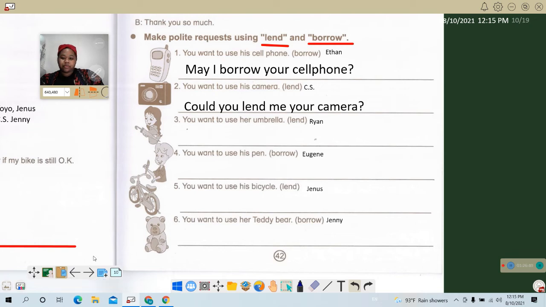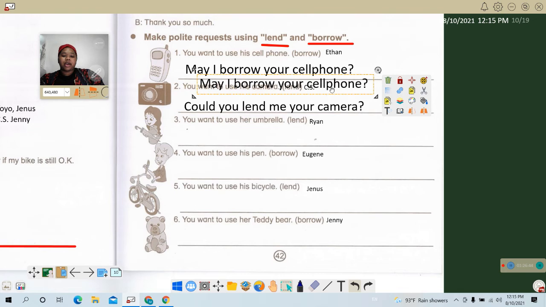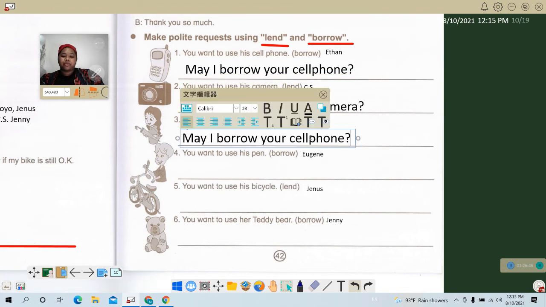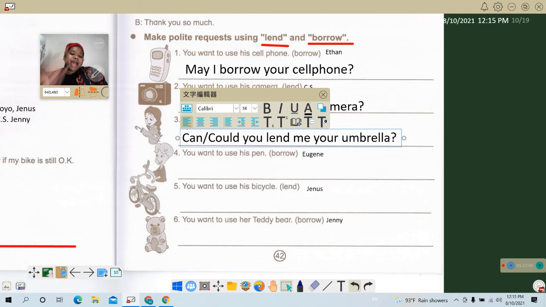Could you lend me your umbrella? Very good. Could you lend me your umbrella? Yes, again, you can have your can, but it's nicer or more polite if you use could you, okay?